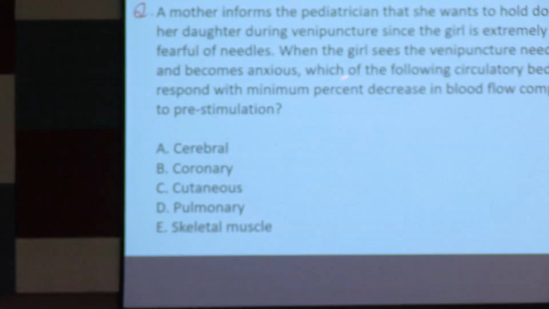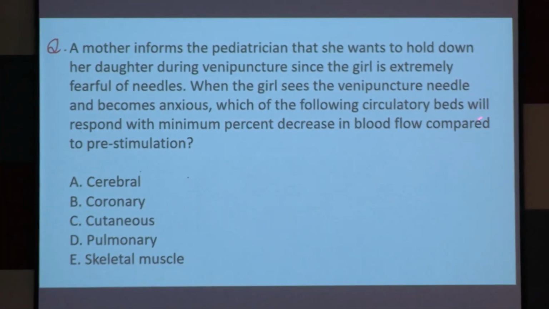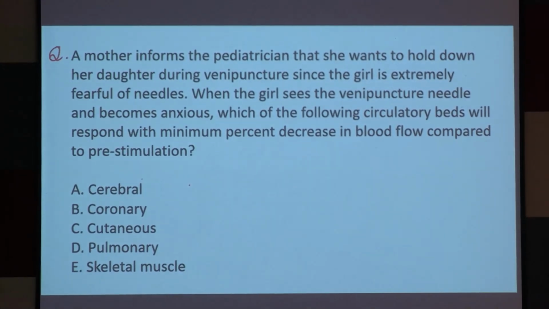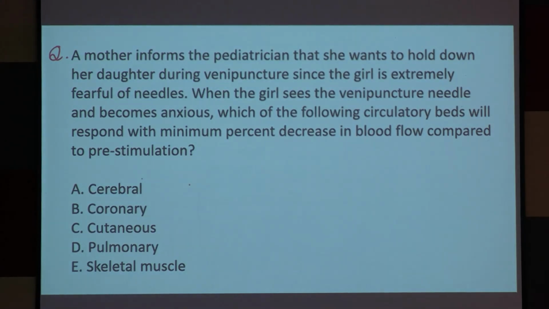Now again read the question carefully. When the girl sees a venipuncture needle and becomes anxious, which of the following circulatory beds will respond with minimum percent decrease? See, perfusion is supposed to fall for all organs, but which organ is resisting it maximum, in which organ is there minimum decrease in the blood flow?